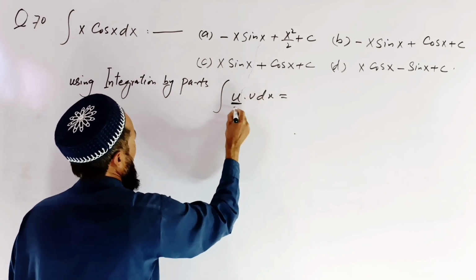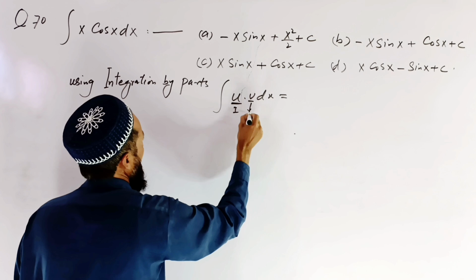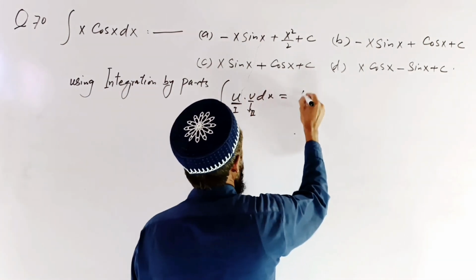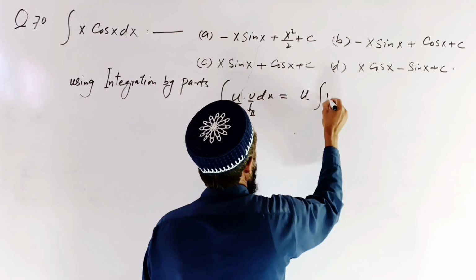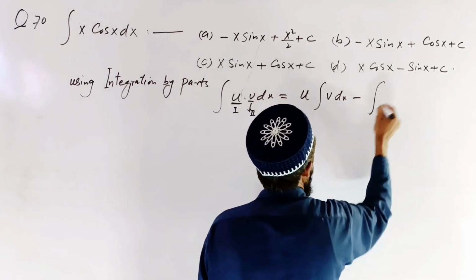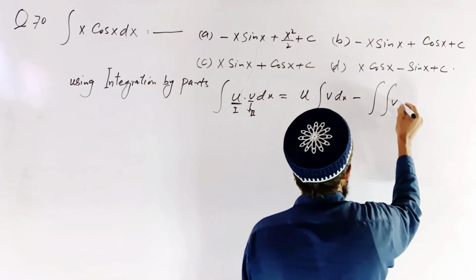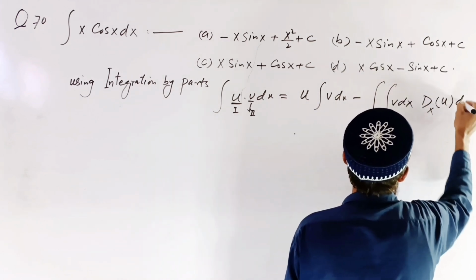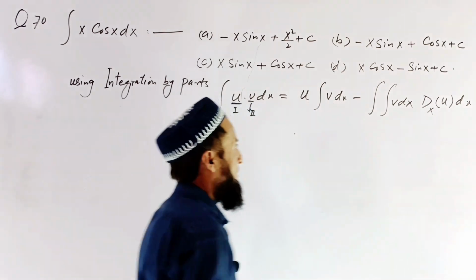U is the first function and v is the second function. So we take u outside of the integration, and the second function we integrate. Similarly, the second function stays the same, and the derivative of the first function is taken. We are using this formula.